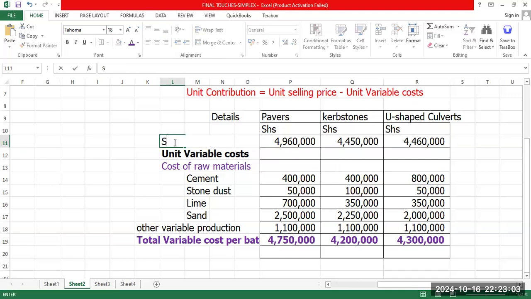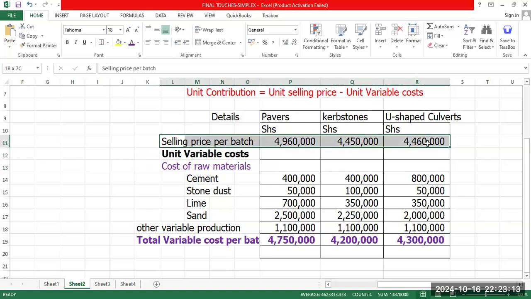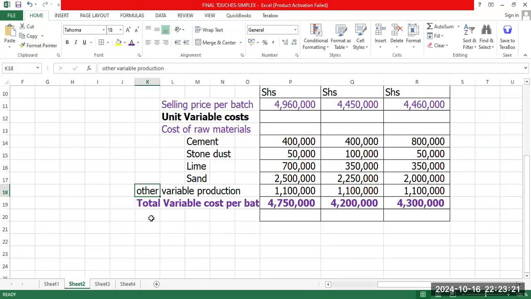I can call it selling price per batch. Make it uniform. Okay. So you can get contribution per batch.